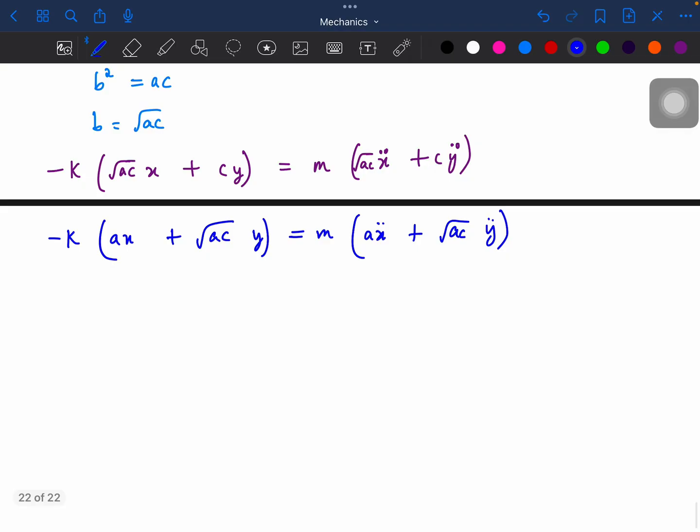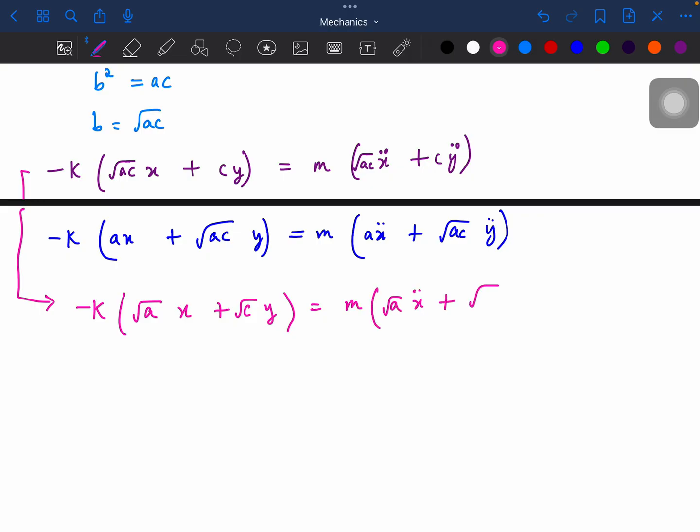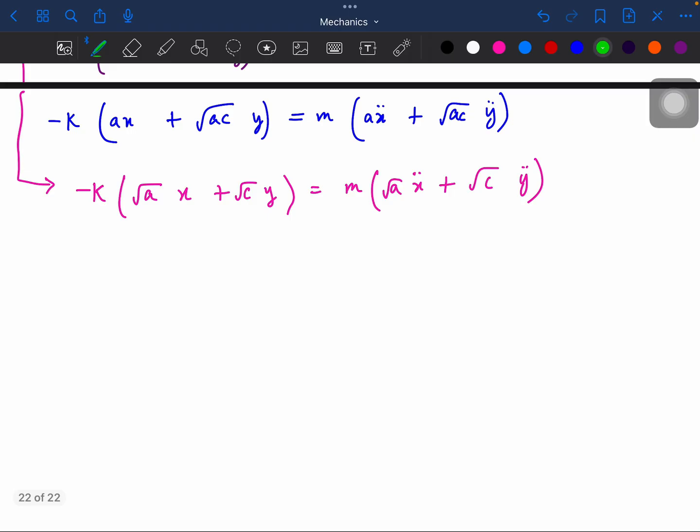Now, very important thing: I'm going to divide this first equation on both sides by root C. So I'm writing root A x plus root C y is equal to M times (root A x double dot plus root C y double dot). The second equation I'm dividing both sides by root A.